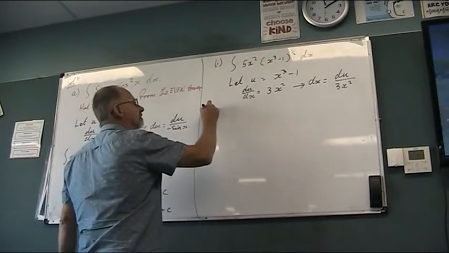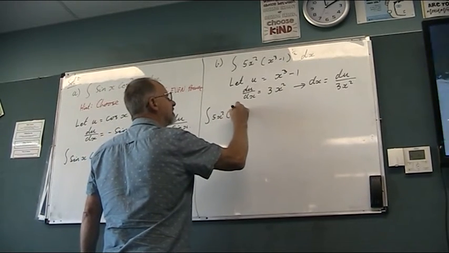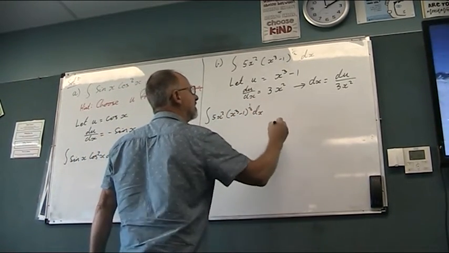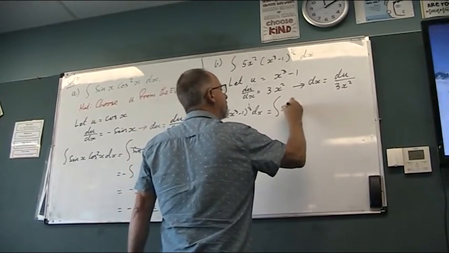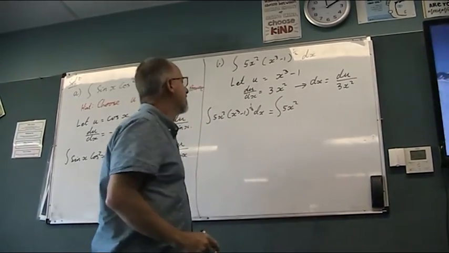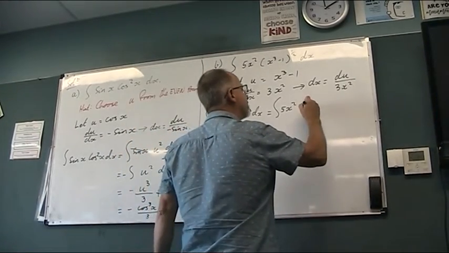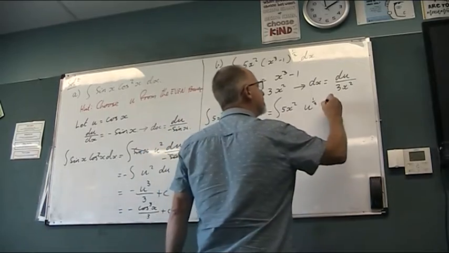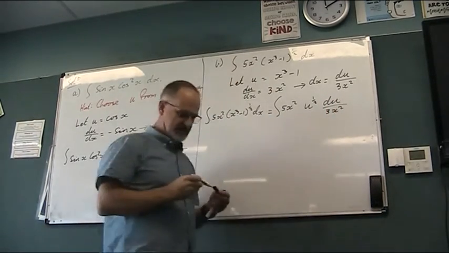So now 5x squared times x cubed minus 1 to the half dx becomes 5x squared, leave that there. The x cubed minus 1 to the half, well, that's u to the half now. And the dx, well, that's du over 3x squared.